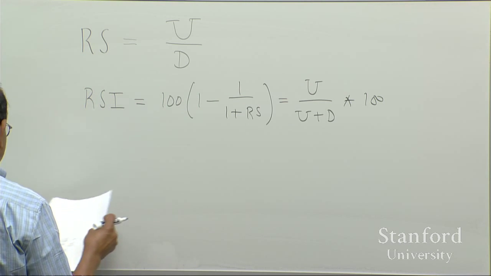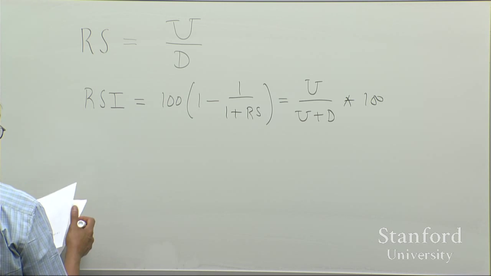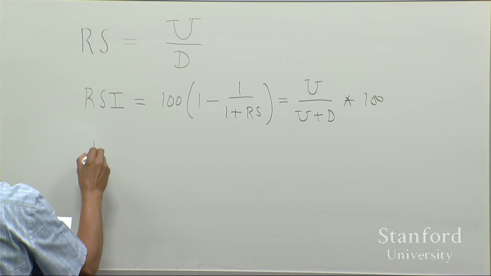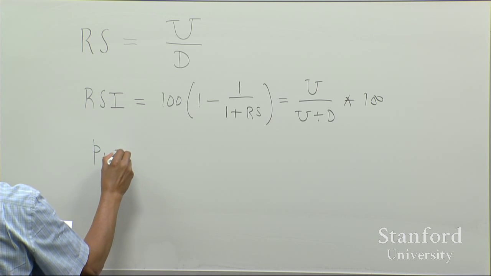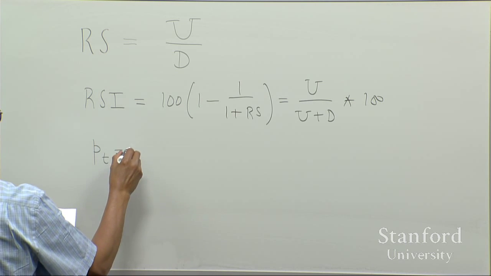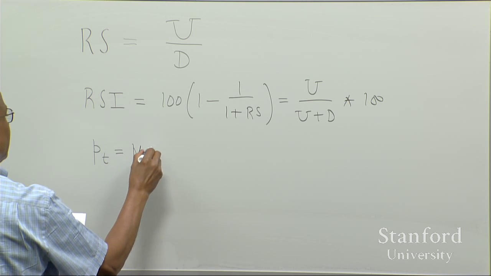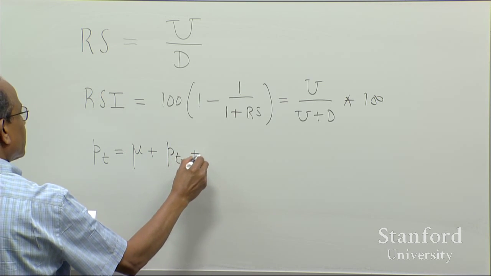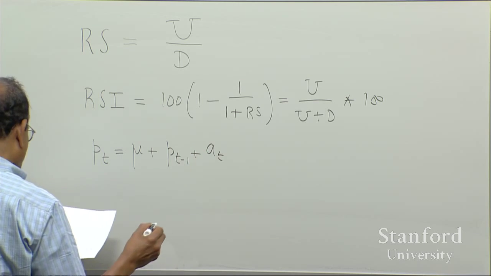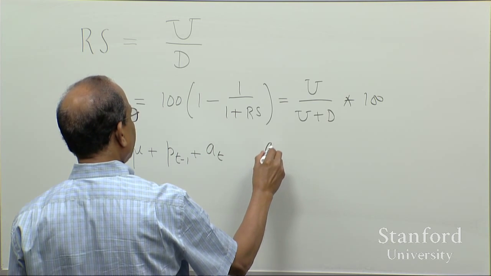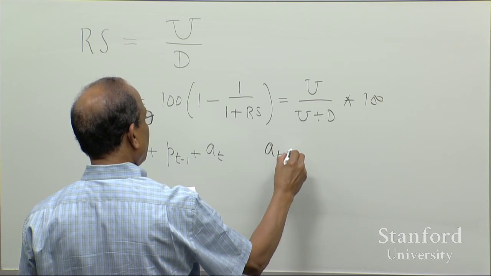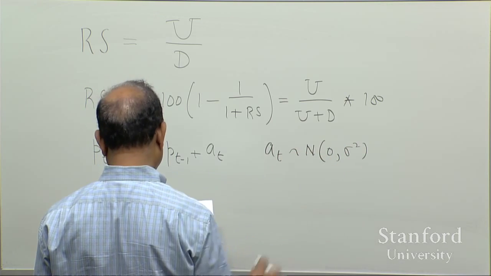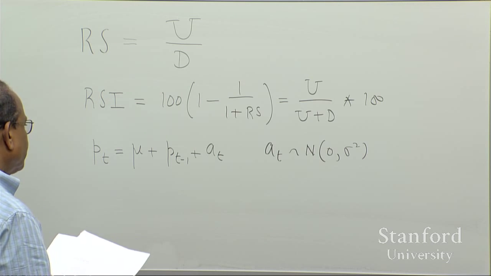Okay. So how is it connected to the model that I am talking about? Suppose I have a random walk model with a small drift, P_t equals mu plus P_{t-1} plus a_t, where a_t follows normal with mean 0, variance sigma squared.